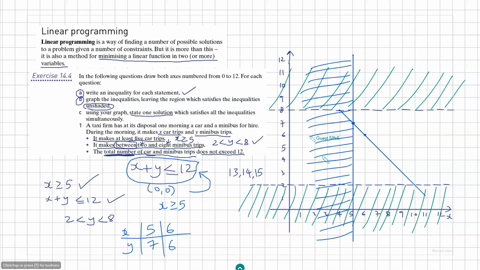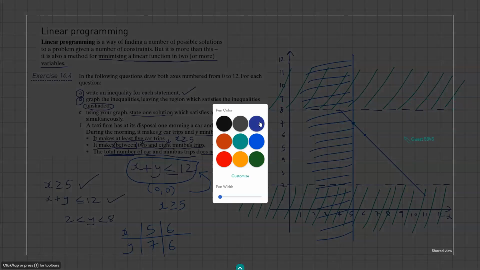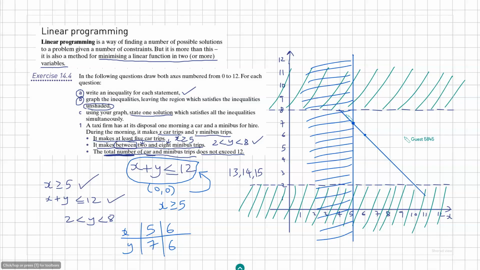Yes. So the origin is part of your solution, right? So which side should you shade? This side. Very good. So you shade above this line like this. Now you have drawn all the graphs, right?